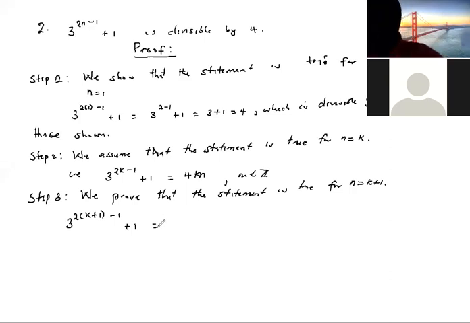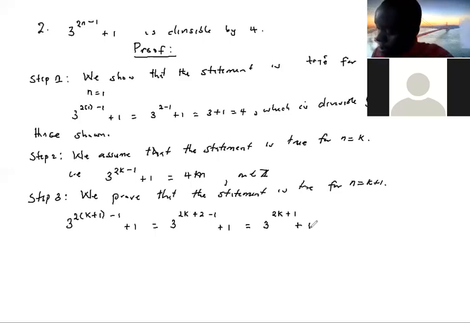So here we have 3^(2k plus 2 minus 1) plus 1, which is 3^(2k plus 1) plus 1.